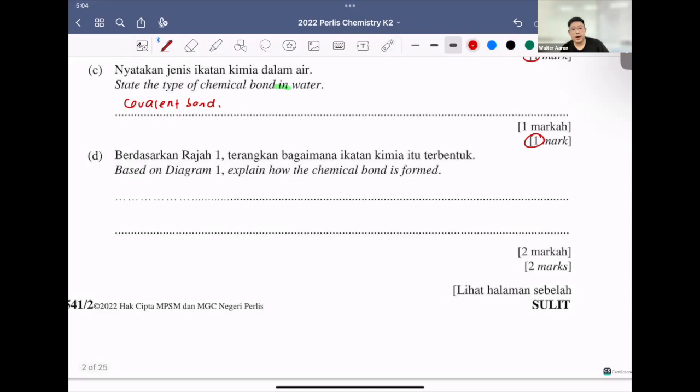Based on diagram 1, explain the chemical bond that is formed. You can just say here, 1 oxygen atom shares 1 electron each with 2 separate hydrogen atoms. In terms of electrons, that should give you 2 marks already.